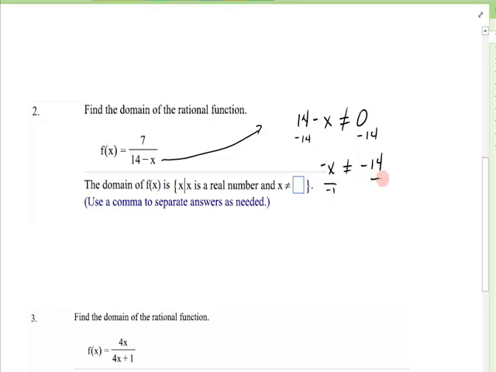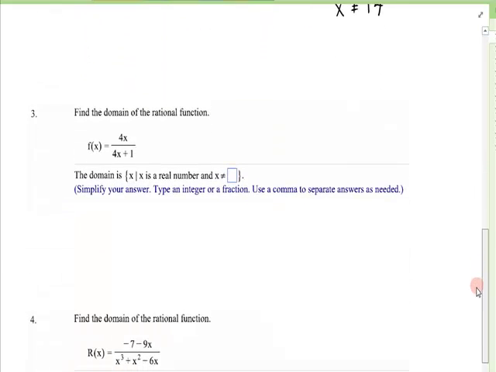Divide by negative 1. X cannot be 14. Think about it. If x is 14, 14 minus 14 is 0, and that is undefined. So x is any real number, but x cannot be 14. You're finding what x cannot be.